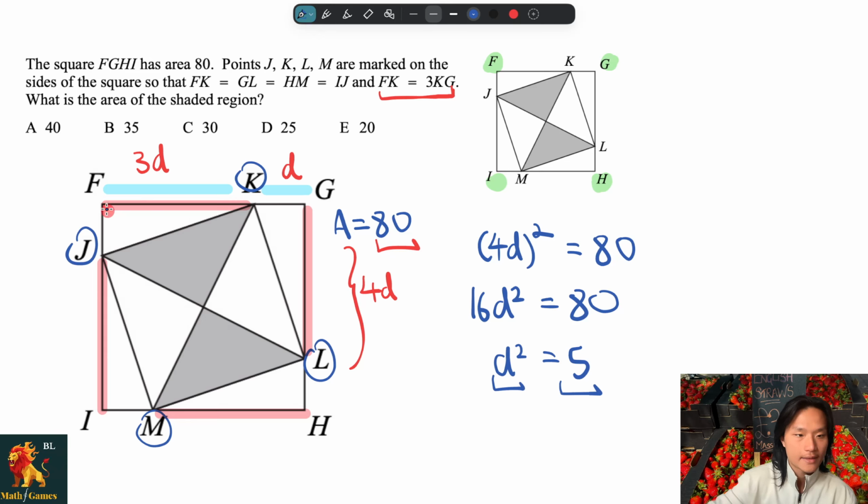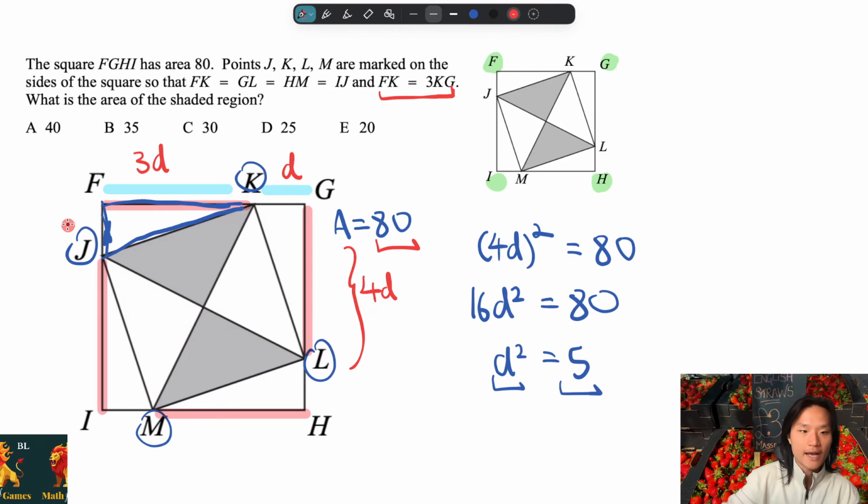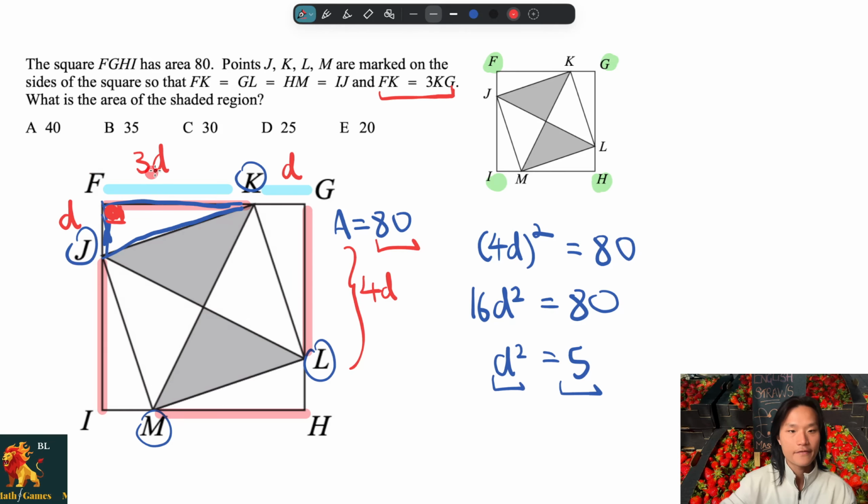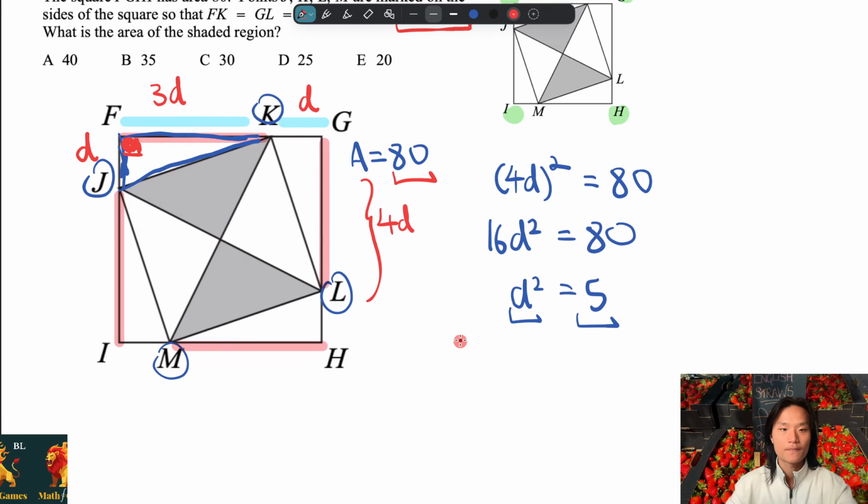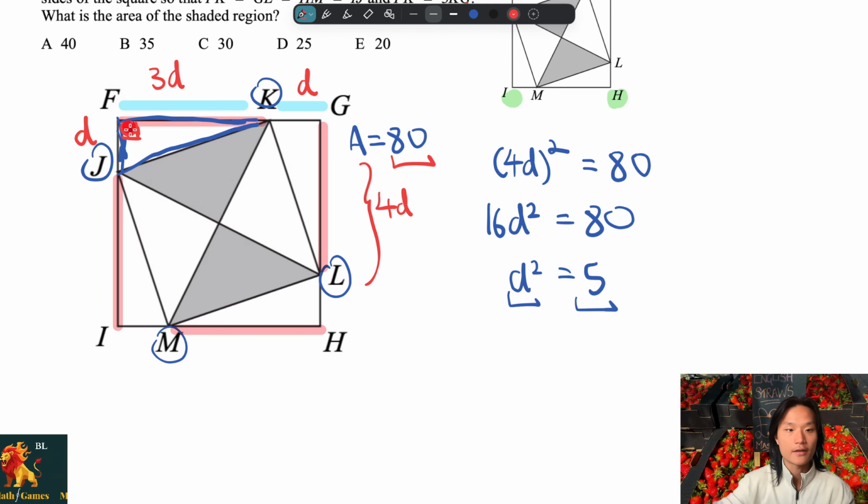Let's look at this triangle here. KG must also be equal to the length FJ, so FJ also has length D. The triangle FKJ is a right angled triangle, and because of that we can find the length of JK by using the Pythagoras theorem.